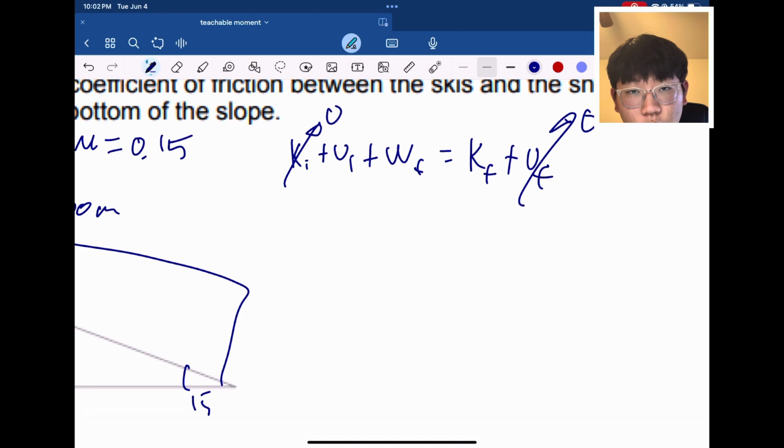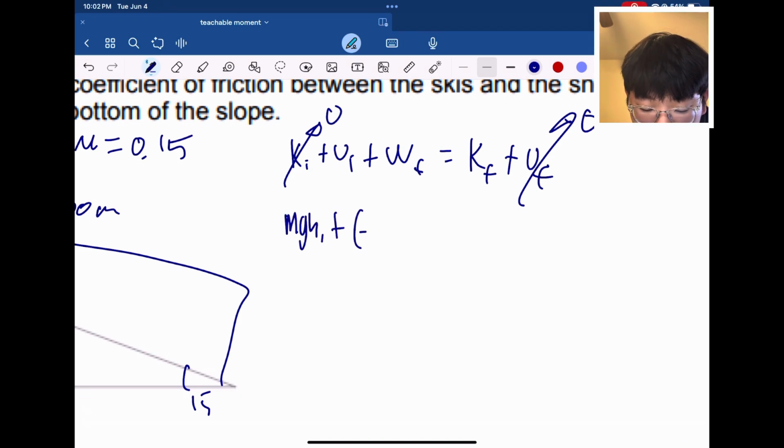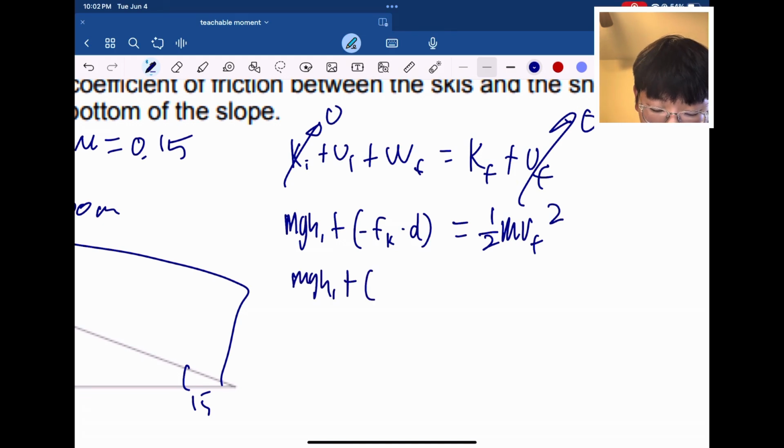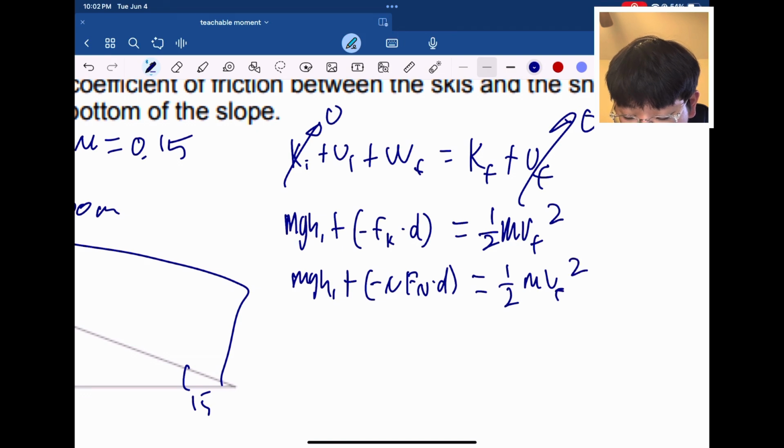Let's write a more detailed equation: mgh initial plus negative friction force times distance is 1/2 mv final squared. Then we can write that in further detail as negative mu Fn times d is 1/2 mv final squared.